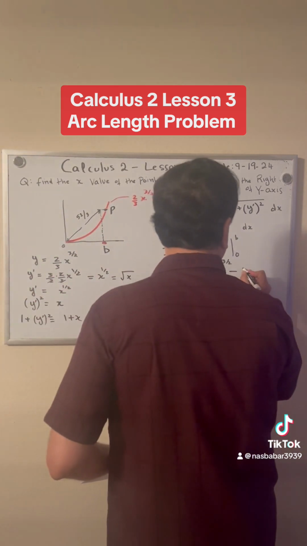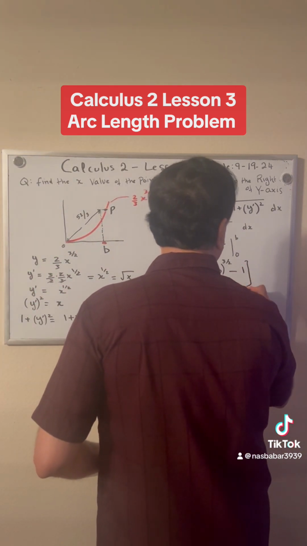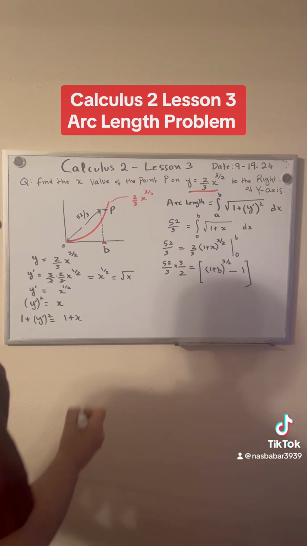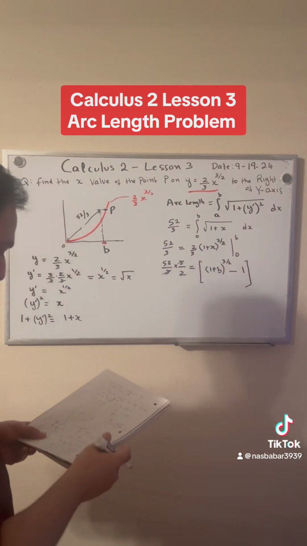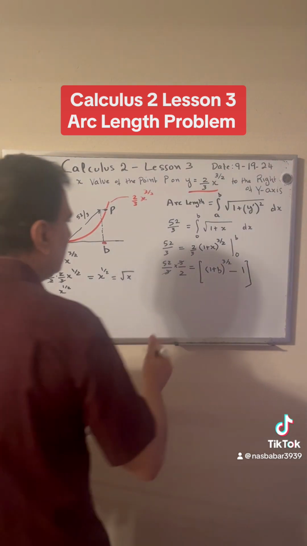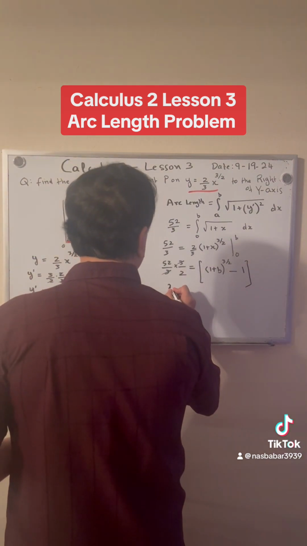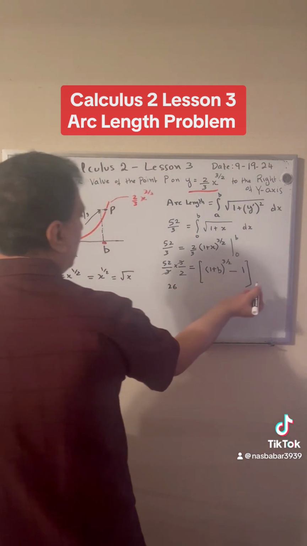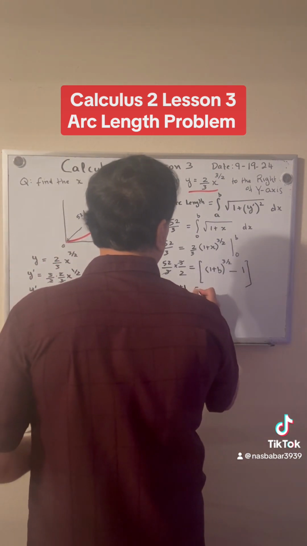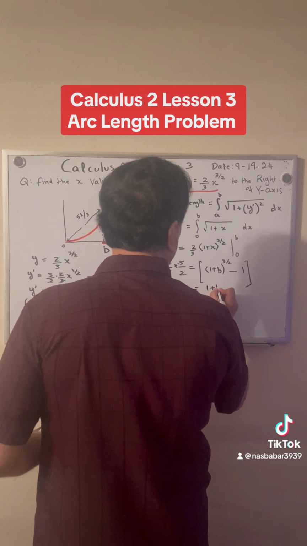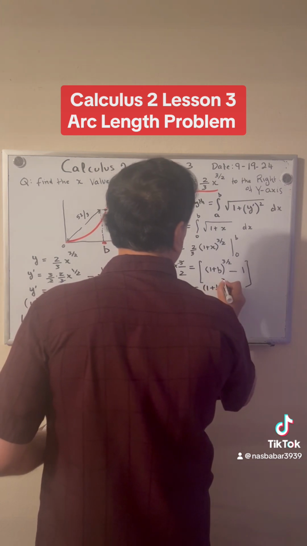So then it's going to be 1. All right. Now this 3 and 3 cancel. 52 divided by 2 is what? 26. Okay, 26. And then I bring this minus 1 to the left hand side. So I say 26 plus 1 is equal to (1 plus b) to the 3 over 2.